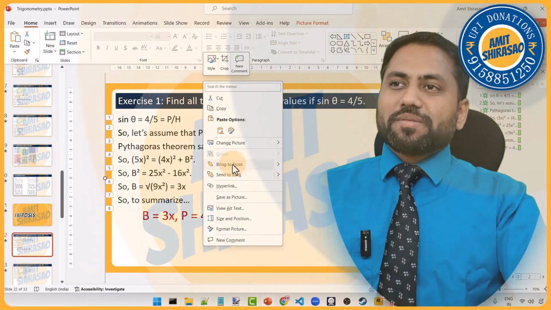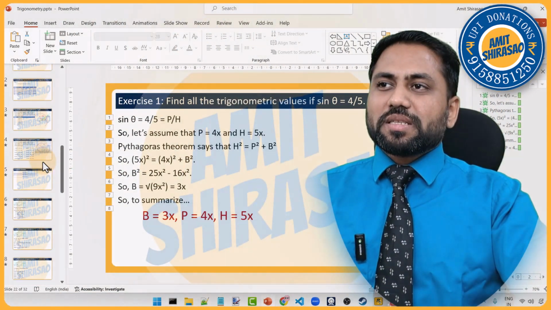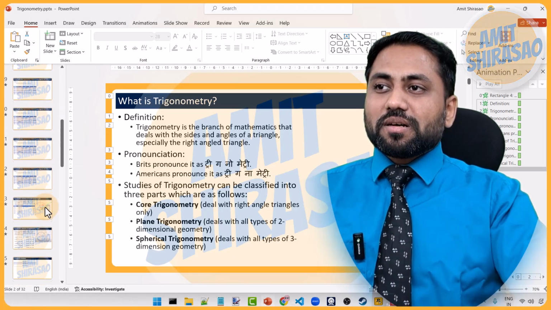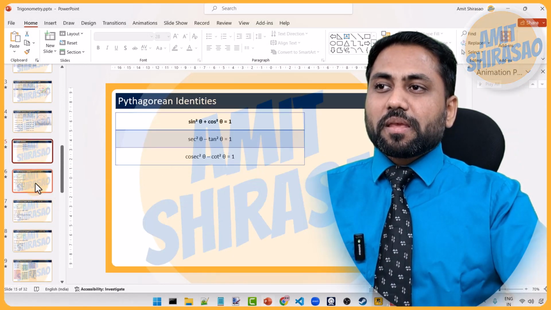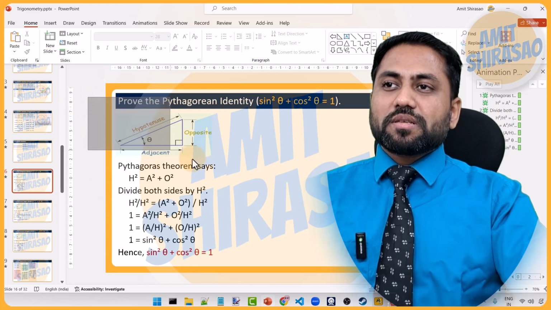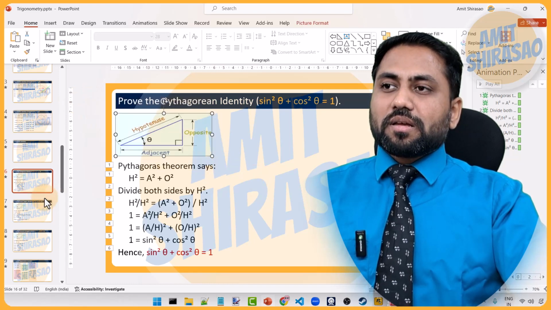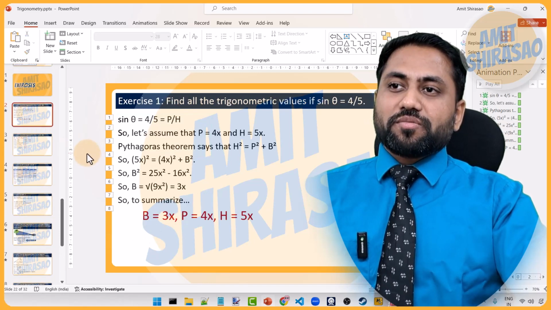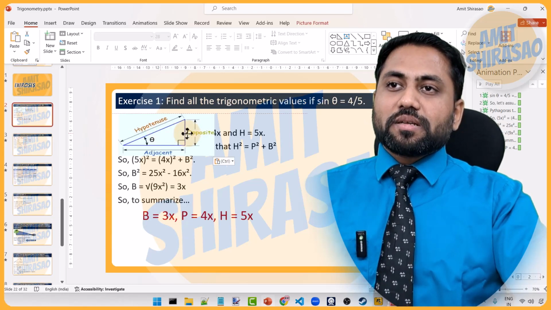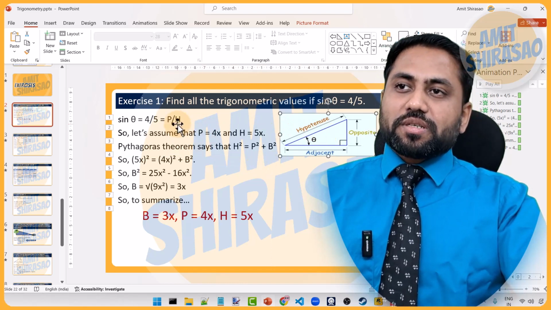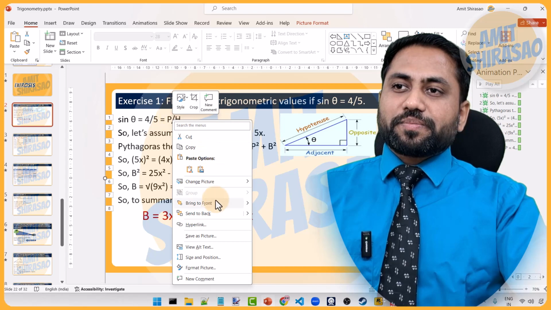So let me paste that triangle also here, because it is difficult even for me to remember. Here, I should be calling it opposite.